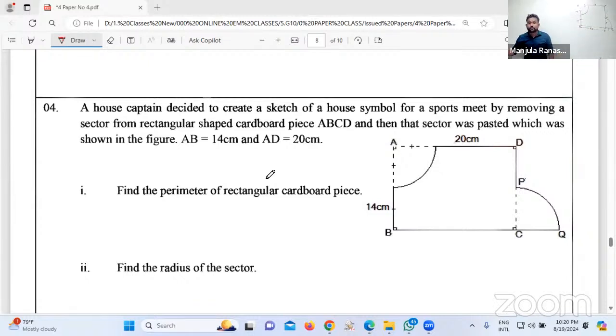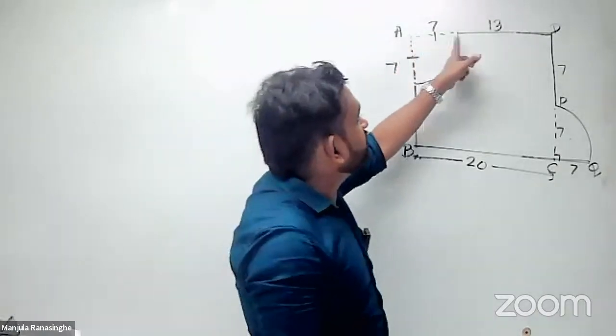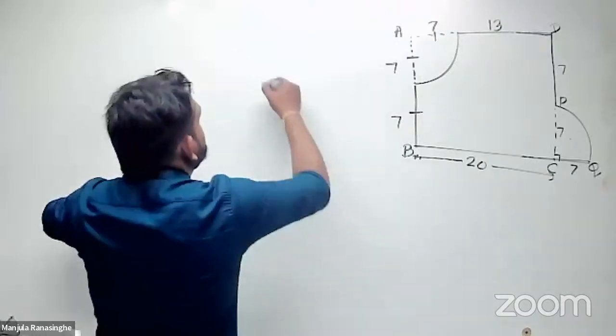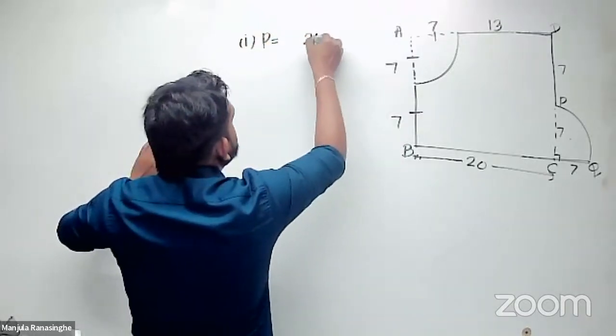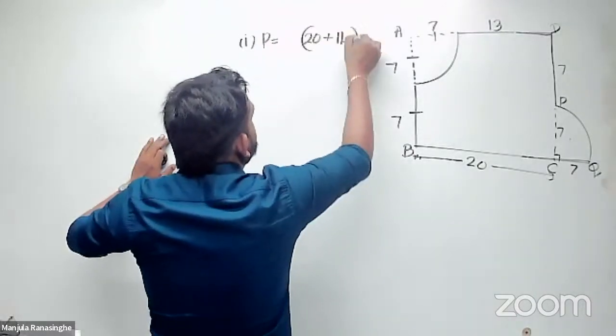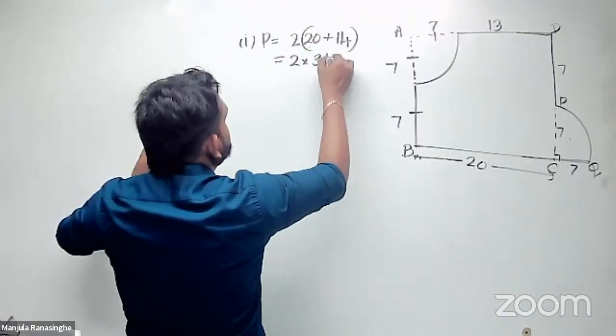Okay, fine. First one, find the perimeter of the rectangular cardboard piece. So we know that the length is 20, breadth is 14. Right. So the perimeter equals 2 into (20 plus 14), that is the length and breadth added, multiplied by 2. 20 plus 14 means 34.